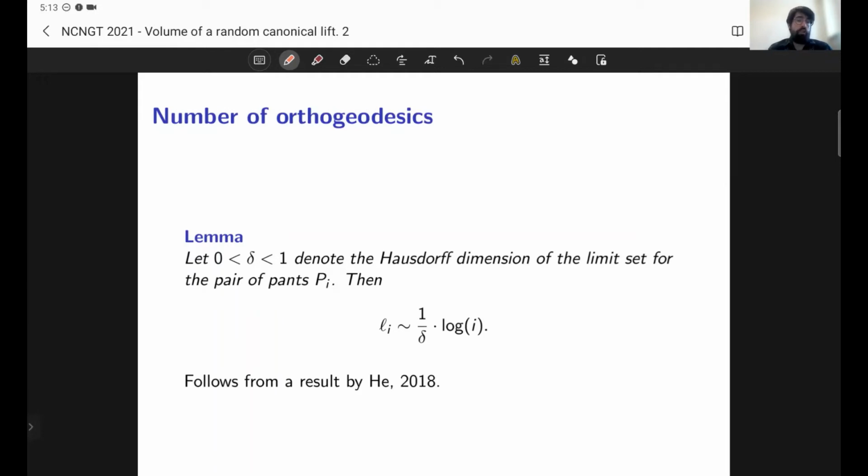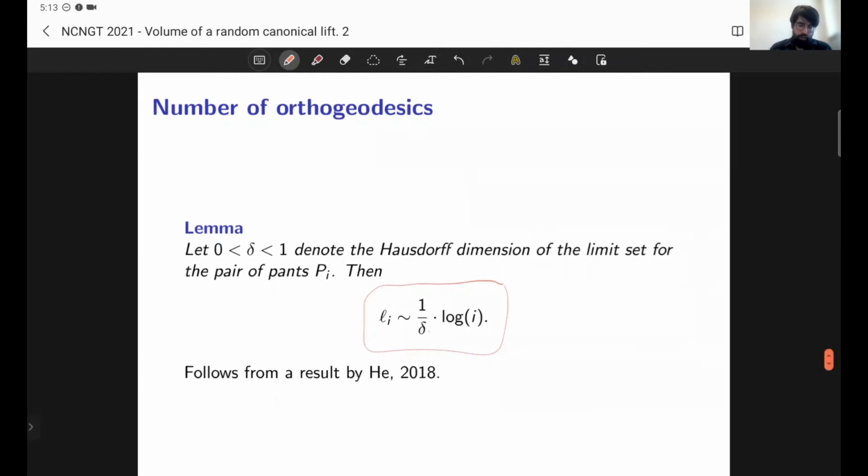So we can, at least asymptotically, relate the order in this ranking of orthogeodesics to its length. This follows from a result by Martínez in 2018 that gives the number of orthogeodesics up to a given length. So this is the relation between L_i and the corresponding i. Here, delta is the Hausdorff dimension of the limit set of the pair of pants P_i that you're considering.